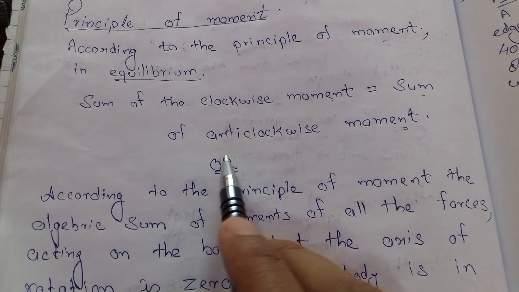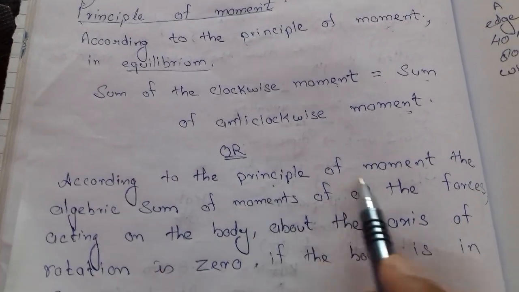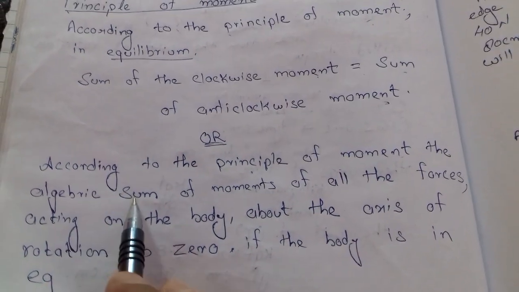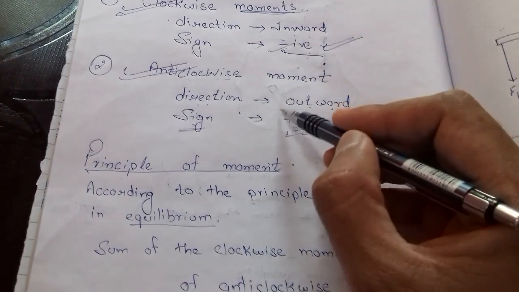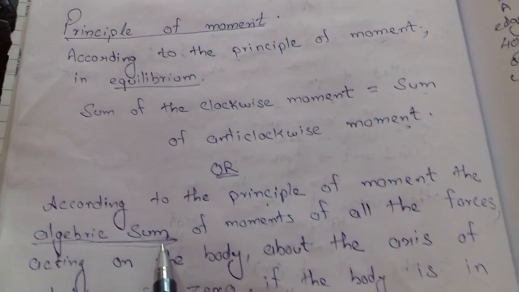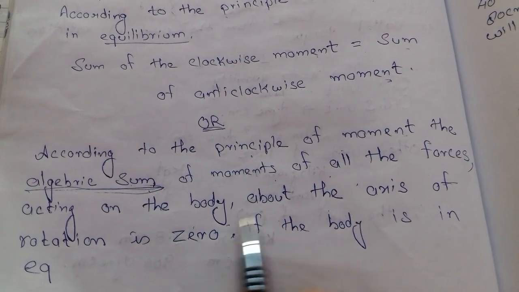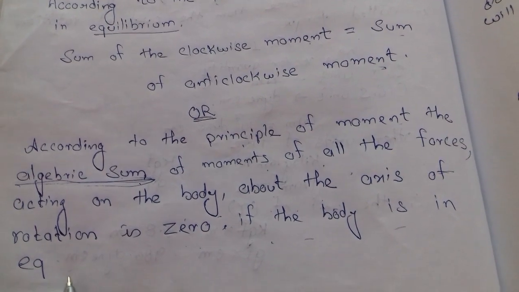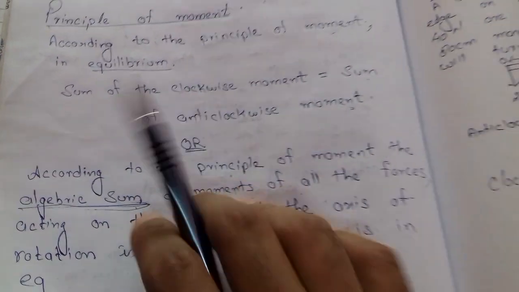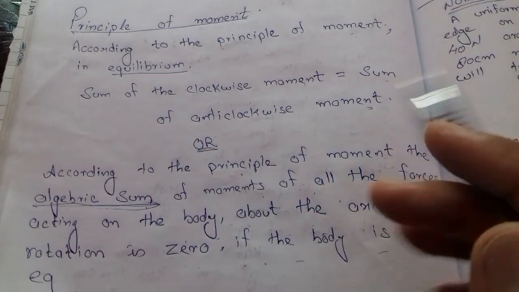Or we can describe the principle of moments like this also: the algebraic sum of moments of all the forces acting on a body about the axis of rotation is 0 if the body is in equilibrium condition. We say algebraic sum because here we have considered the signs as negative and positive.